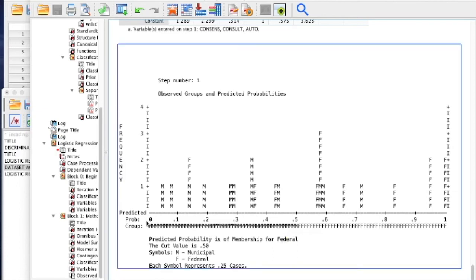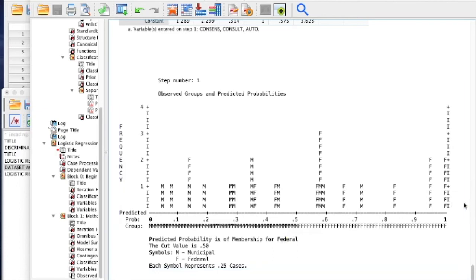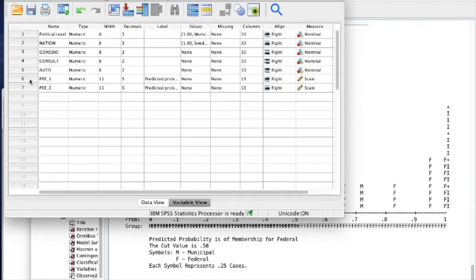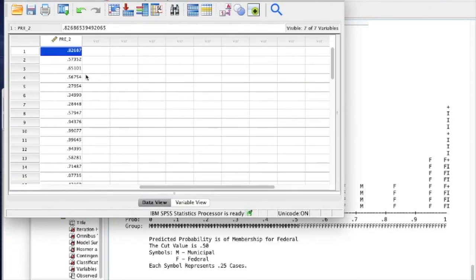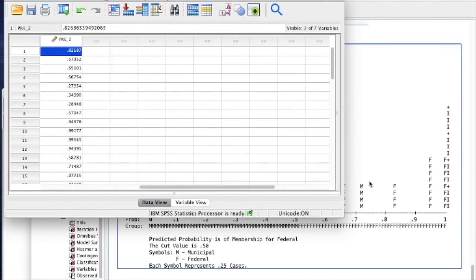It's generating a value from 0 to 1 for each of these, and that's what we saved here, right? So if we look here, this is the predicted probability for all of them, and this will match up with what we have here.